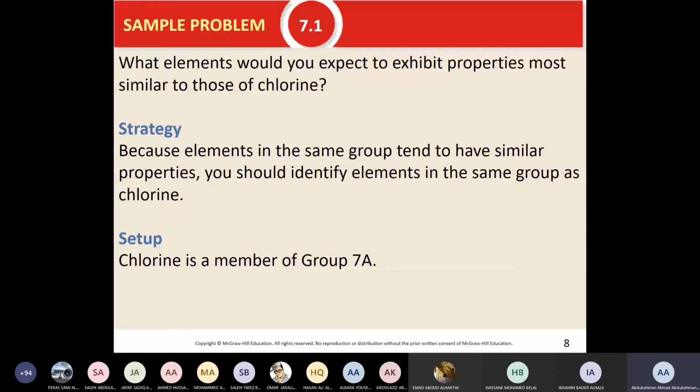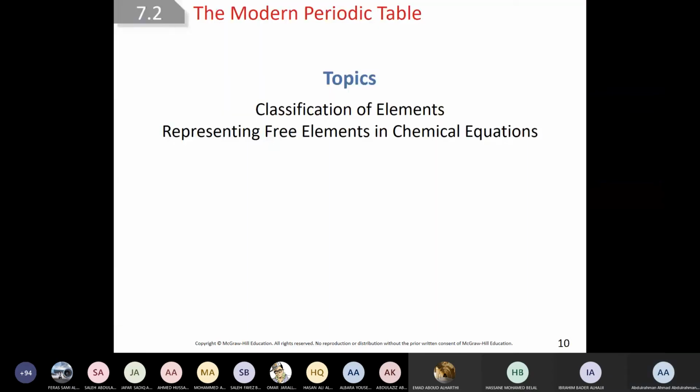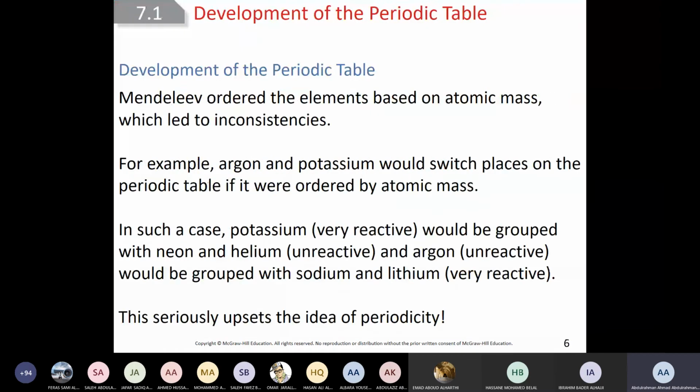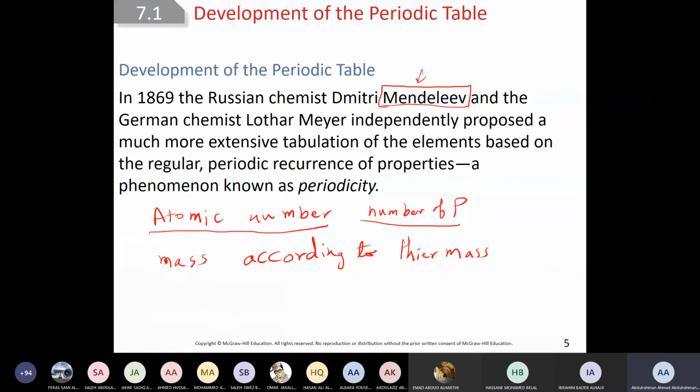One of the great discoveries done by Mendeleev is this. Aluminum, what's under aluminum? Look at the periodic table. What's under aluminum? Ga.